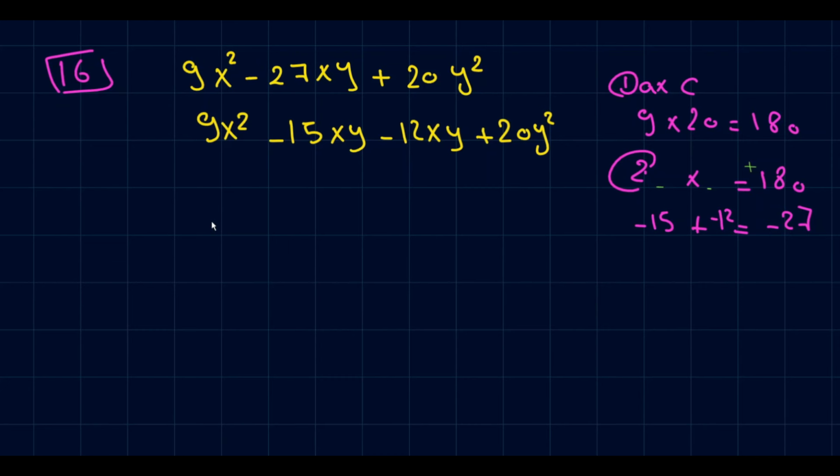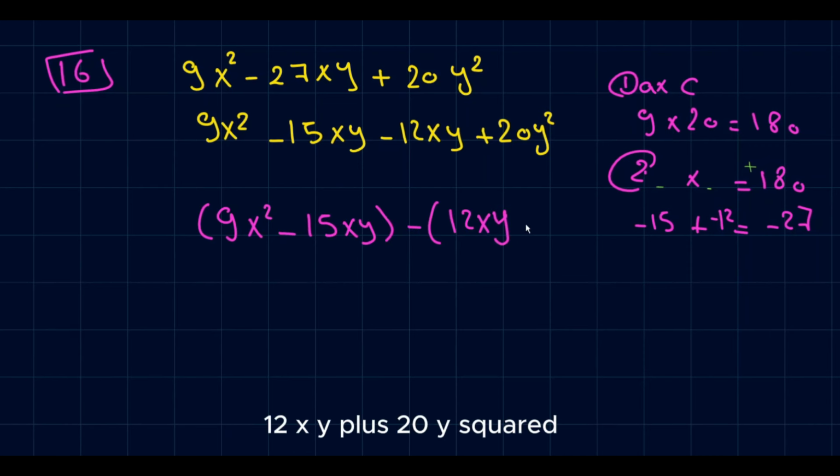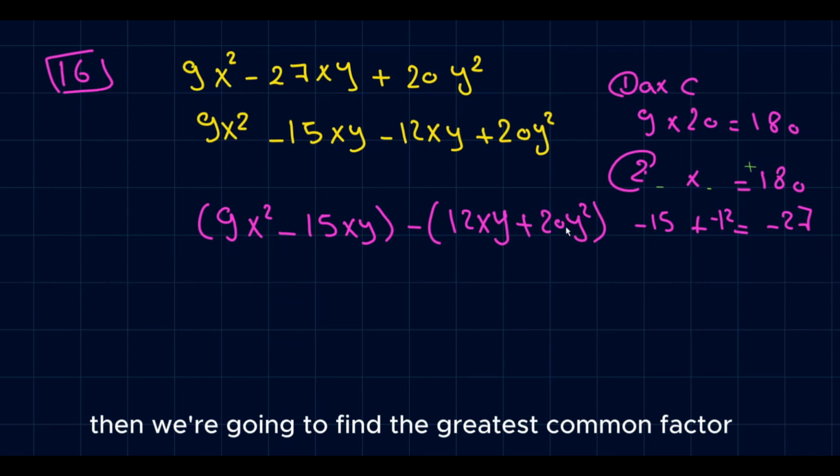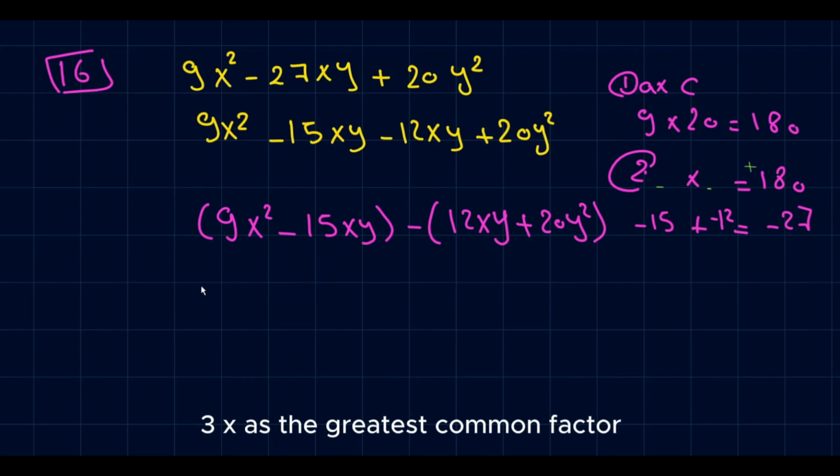Now let's split the middle term. We have in the first bracket 9x squared minus 15xy, minus 12xy plus 20y squared. Then we find the greatest common factor for each group. From the first group, we have 3x as the greatest common factor.